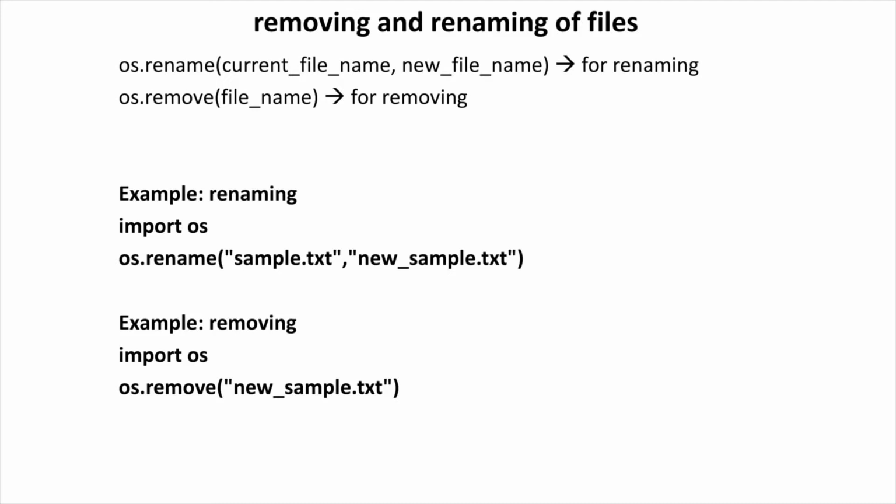To rename, import the os module, then use the rename method. The first argument is the original name of the file and the second argument is the new name to be given. Similarly, for removing, as usual, import the os module, then invoke the remove method and pass the file name which is to be removed as argument.